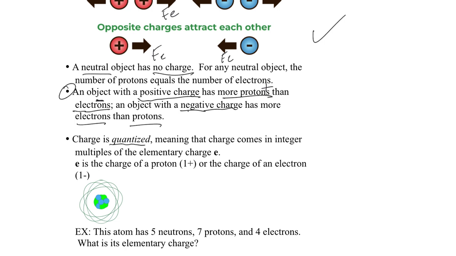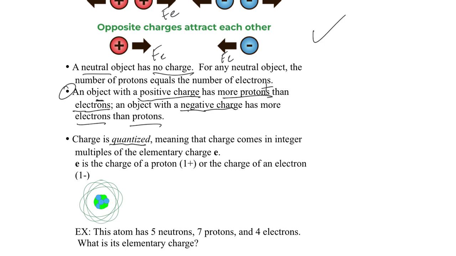Charge is quantized, meaning that you can only have integers of charge. You can have 1 plus, 2 plus, 3 plus, or 1 minus, 2 minus, 3 minus. Okay?